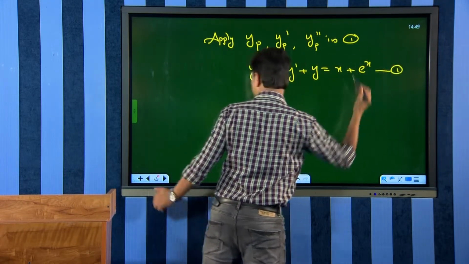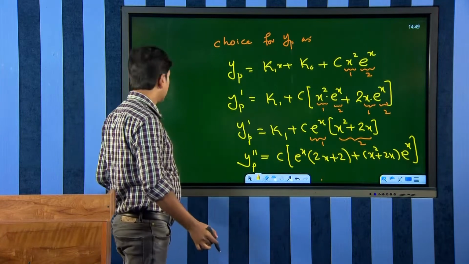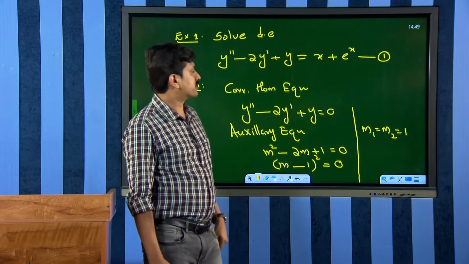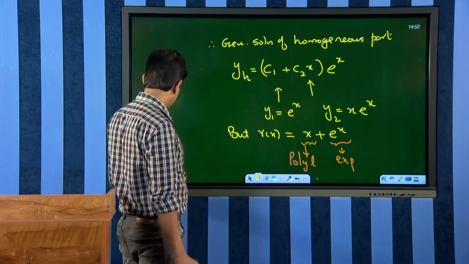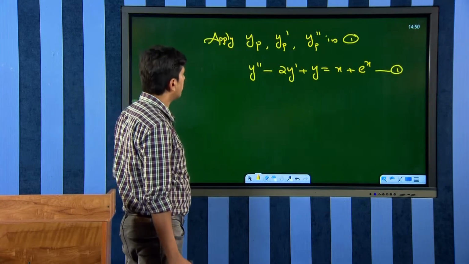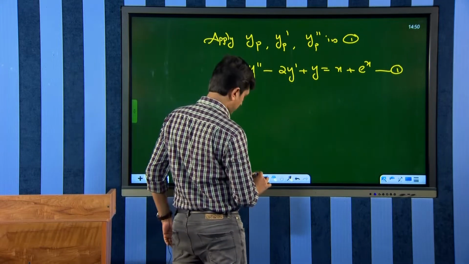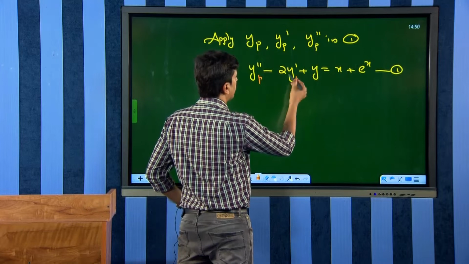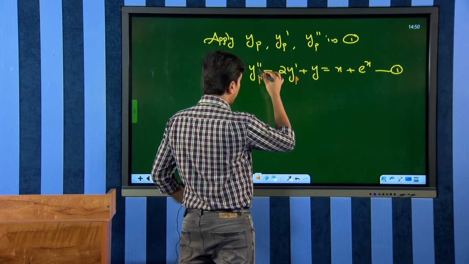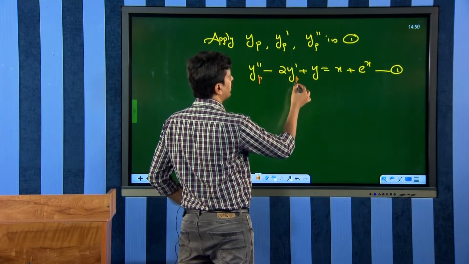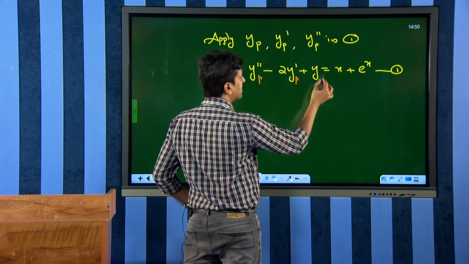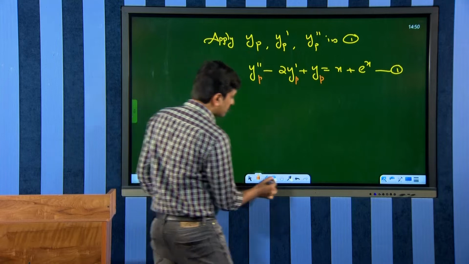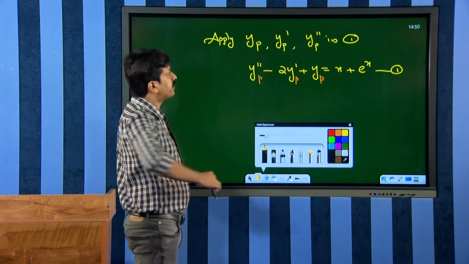See dear students, I have to replace y double dash with yp double dash, y dash with yp dash, and y with yp. So we have yp double dash.